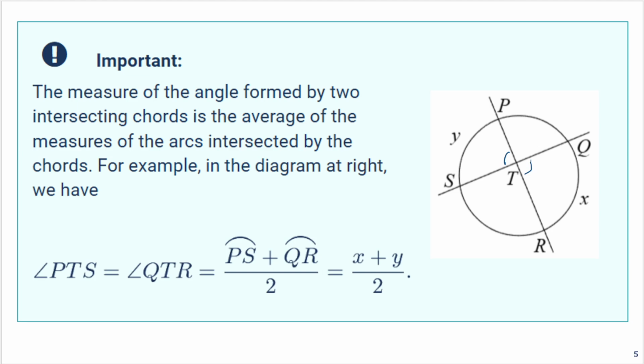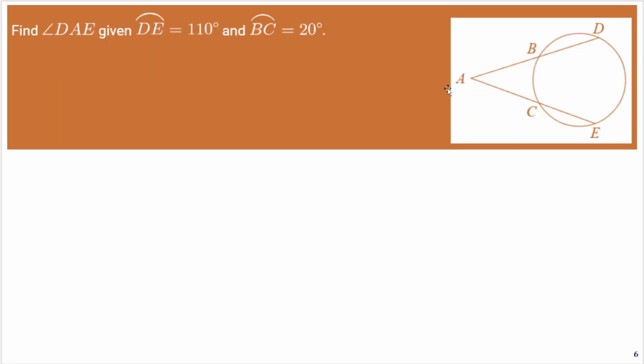Okay, then we have looked at the point of intersection inside the circle. Now let's have a look at when the point of intersection of the two chords is outside the circle, what will happen? So here we are given a diagram. The measure of arc DE is 110 degrees and arc BC is 20 degrees.